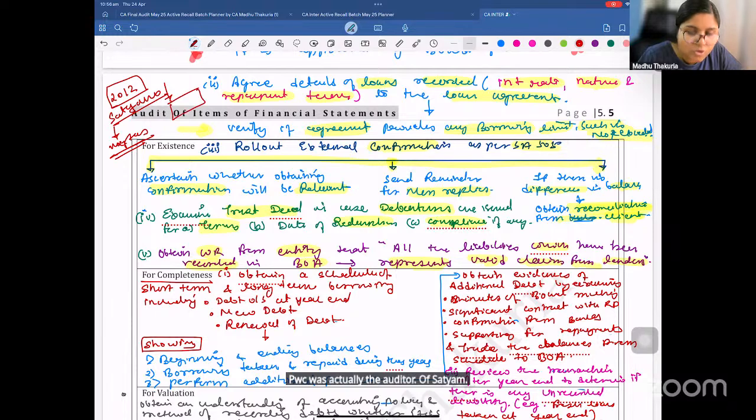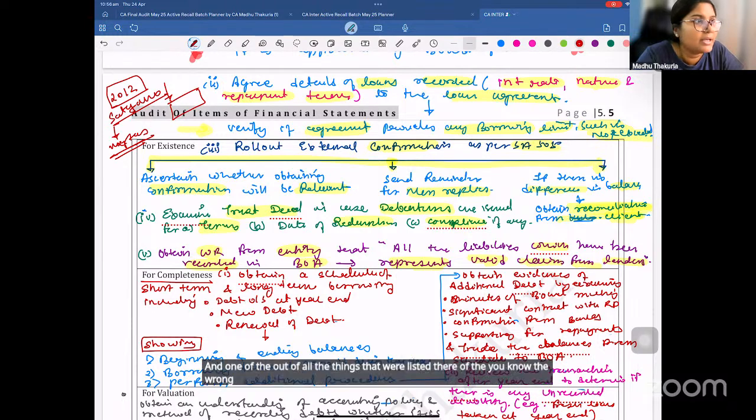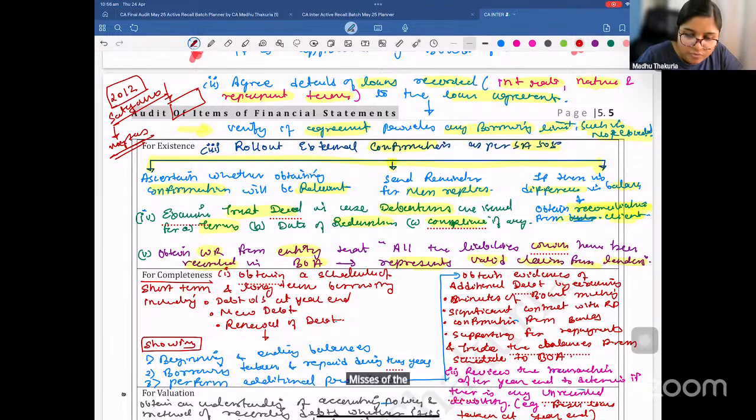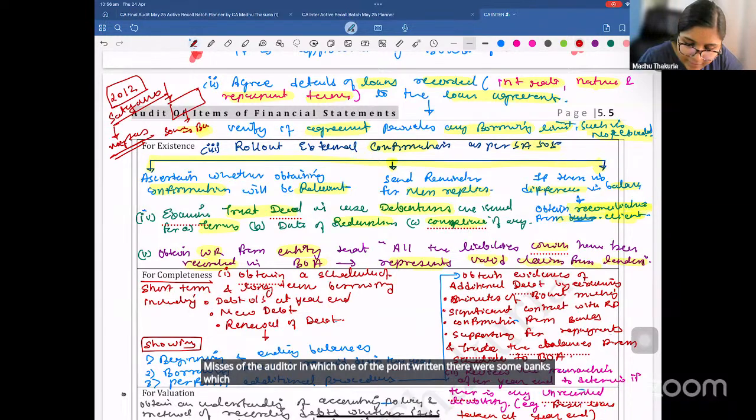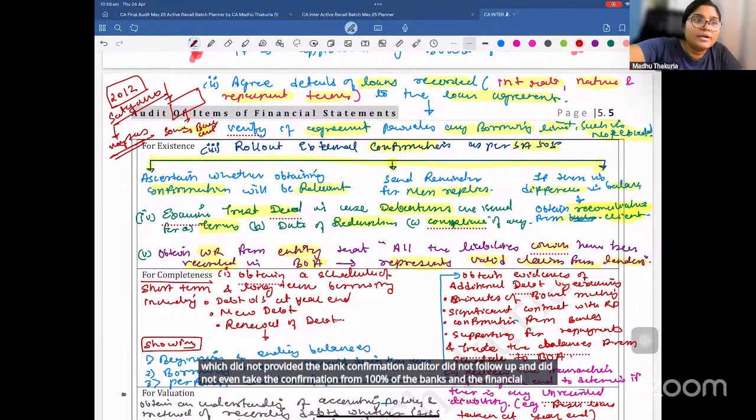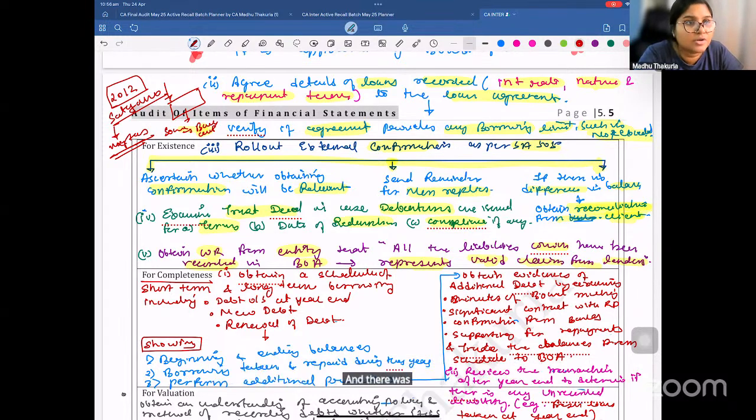Out of all the wrongdoings of the company and the misses of the auditor, one point written there was that some banks did not provide the bank confirmation. The auditor did not follow up and did not even take confirmation from 100% of the banks and financial institutions, and audited the bank balances as they were, which was not the right balance with the bank, and there was no reconciliation. Whatever reconciliation the client had prepared, the auditor approved that as well.